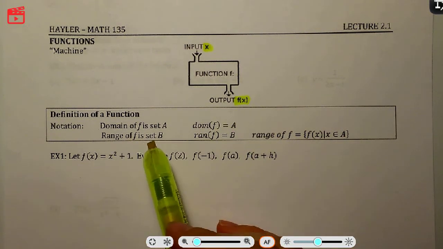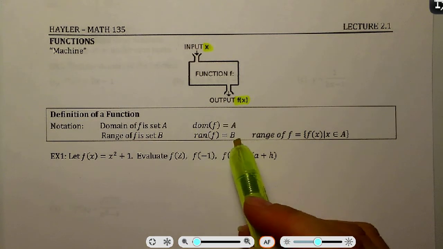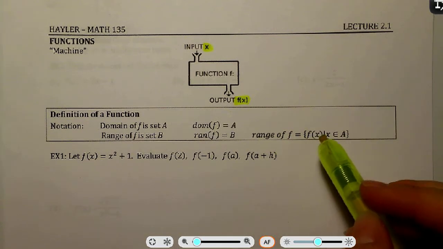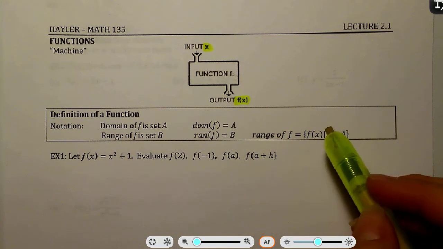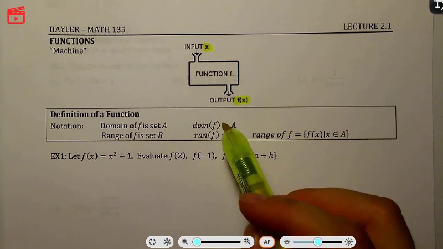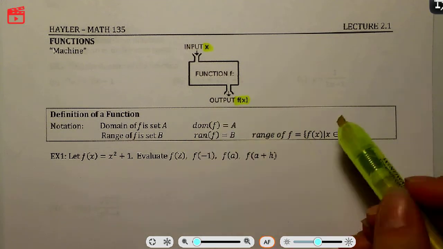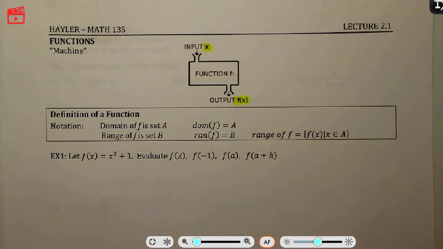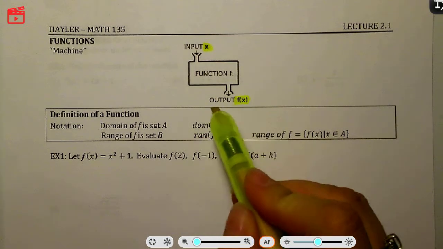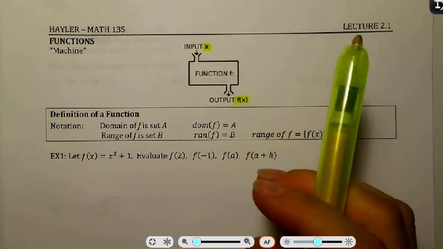The range of f is the set B, where we'd write range f equals B. And the range of f is all the items such that x is an element of f of A. Okay, so any item you get from your domain, if you input it into your function, any of those outputs, that's what creates your range. So your range is all of the outputs that are created by your input values.